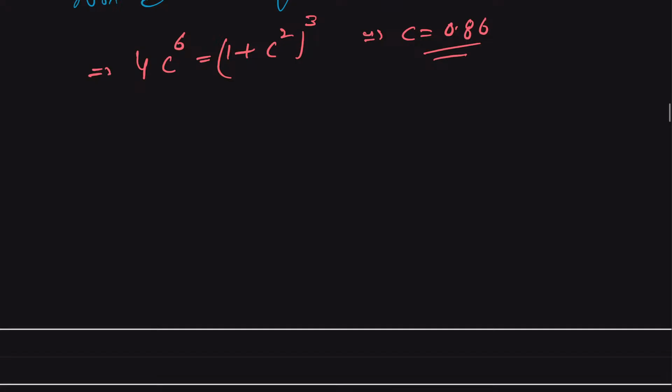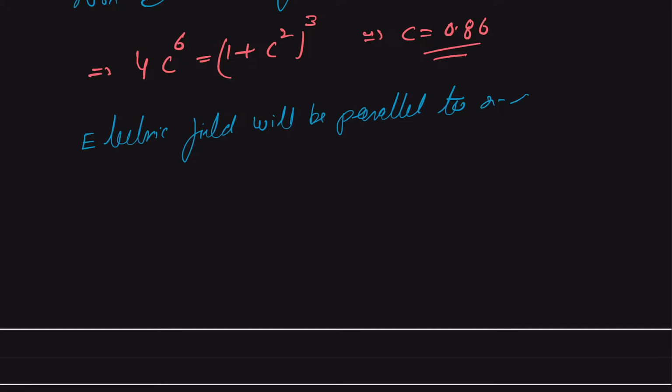Therefore, we can write that our electric field will be parallel to x-axis at the coordinate x comma y, and that will be equal to our a plus minus 0.86 times a.